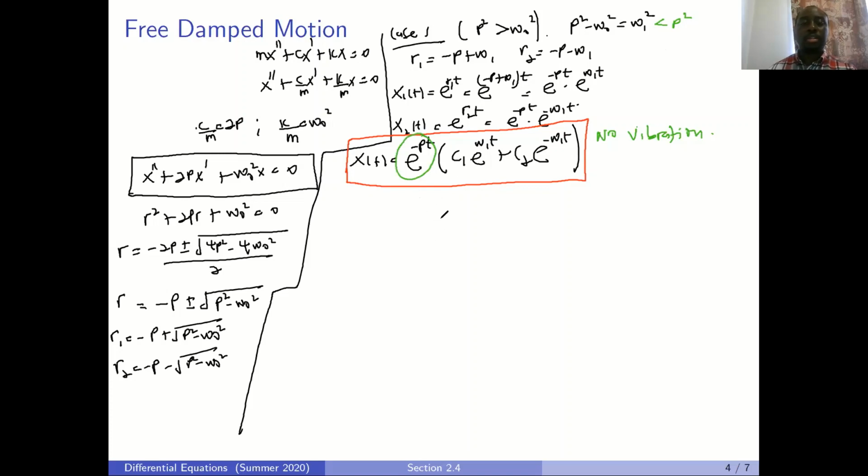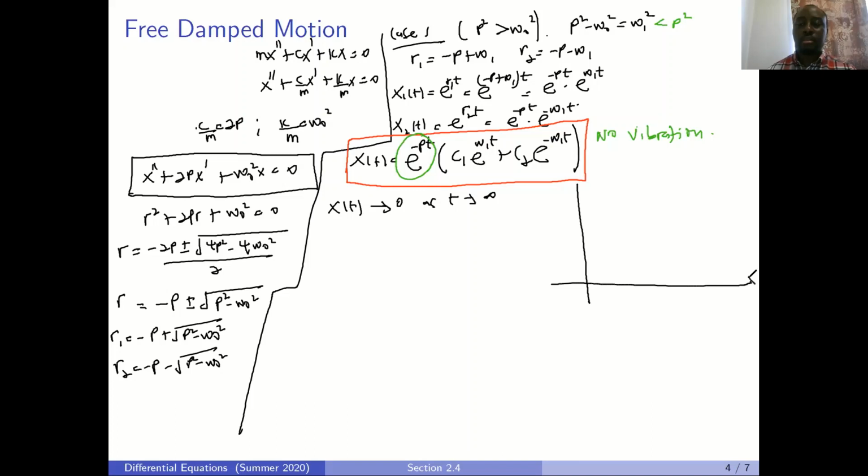And because p is positive and this is e to the minus pt, we can expect that my x of t over time will decay, will approach 0 as t approaches infinity. And it will do this without any kind of oscillation.